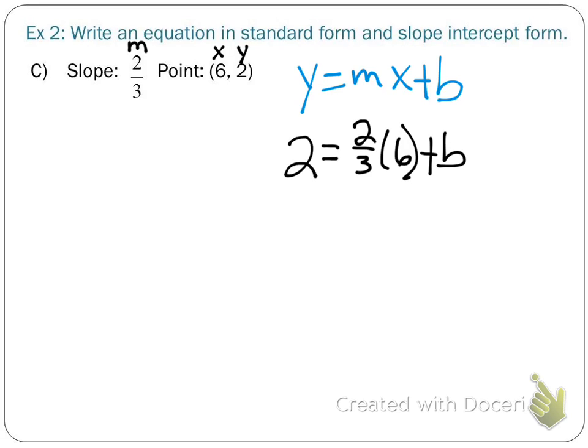All right. When I multiply, I can simplify first. So 2 equals 4 plus b.